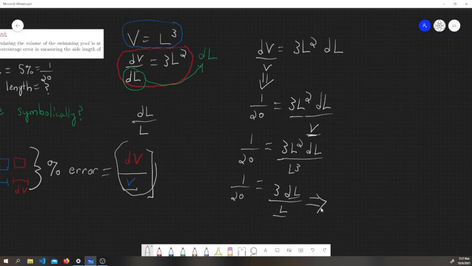Now I'm just going to divide both sides by 3, and so we get that dL over L is equal to 1 over 60. And that is our answer. That's the maximum, so technically dL over L should be less than or equal to 1 over 60.